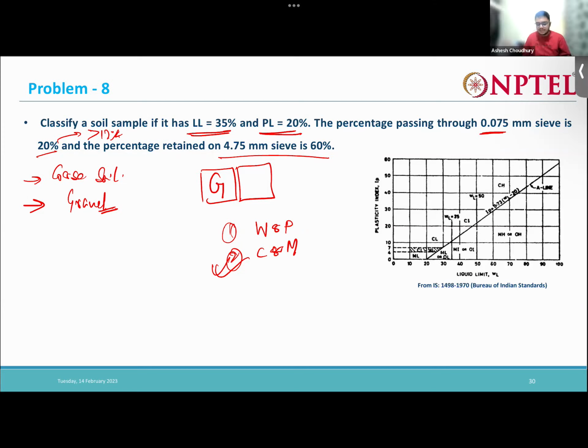We need to tell whether it is clayey gravel or silty gravel.